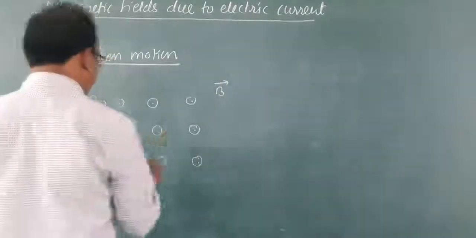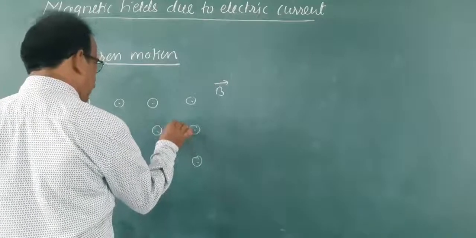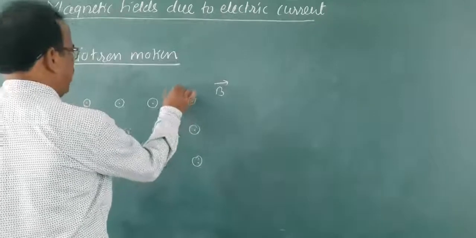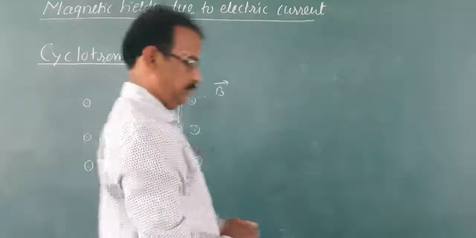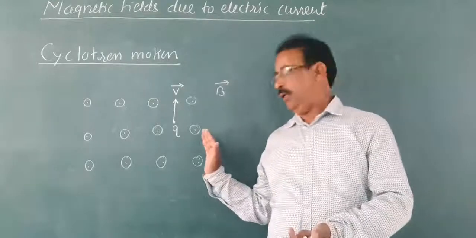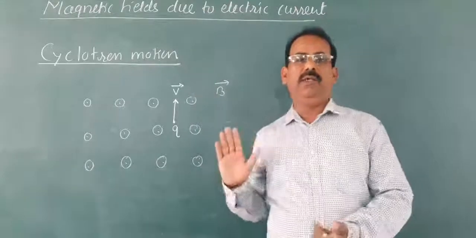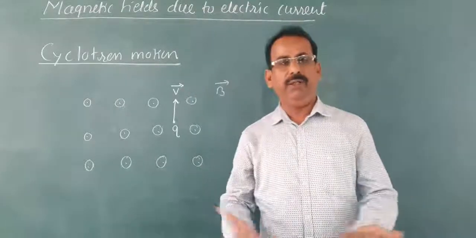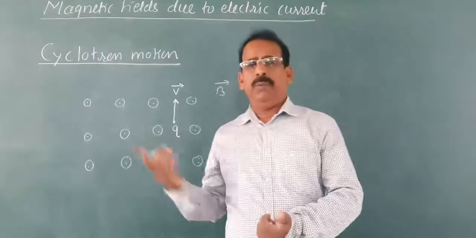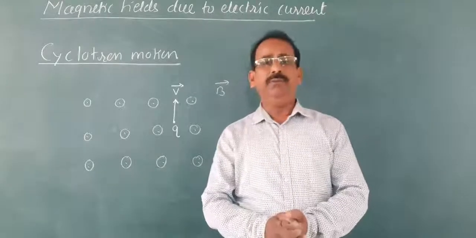In such a magnetic field, consider that electric charge Q is moving in a perpendicular direction, so that the electric charge is moving in the upward direction. For such a magnetic field, this upward direction is perpendicular. What will be the direction of the magnetic force acting on this electric charge?